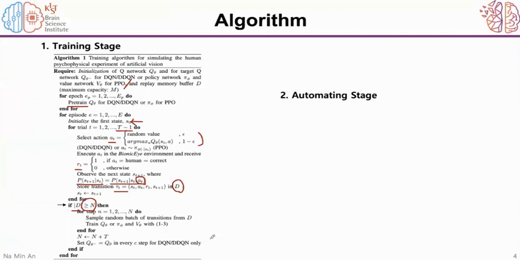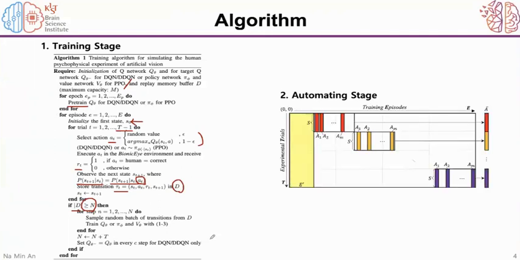Then, in the automation stage, we collect test accuracy per trial using a fixed Q network or policy network per episode. More specifically, using the trained network, we generated several human-like agents to emulate human perceptual changes over time. We first divide the saved performances for each experimental trial and episode, except for the first few initial episodes.